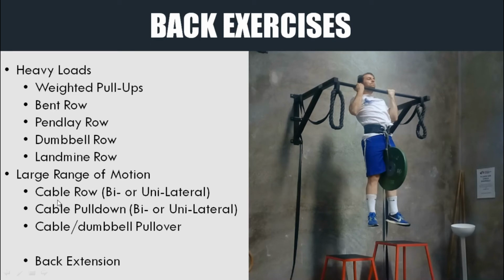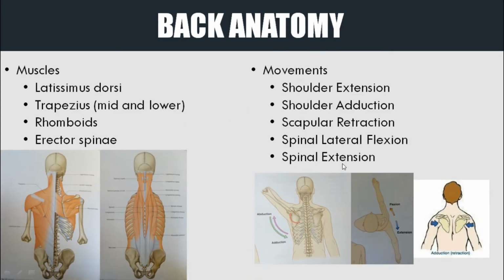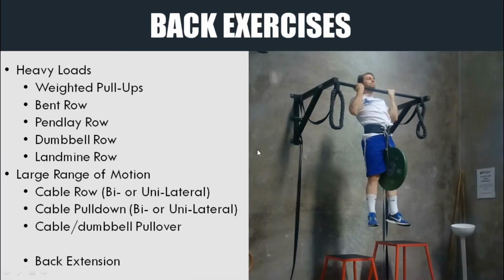And the benefit of doing things with single arms is because when we looked at before, we had that spinal lateral flexion or even spinal rotation, which we didn't have in here, actually, is going to involve particularly the lats in that movement. So we can do things with both arms or one arm at a time. With, again, that trade-off being both arms, you're going to be able to use more load, whereas one arm, you're going to be able to use less load, but also get more range of motion.